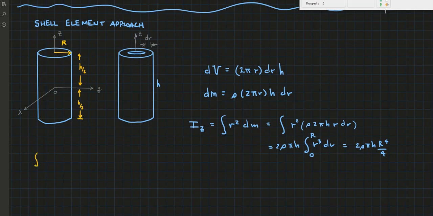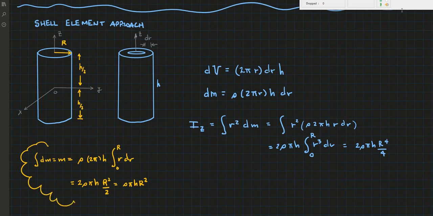The integral of dm equals our mass, and that is just going to be, if we have a constant rho, rho 2 pi h times the integral of r dr, which ends up being just rho pi h times the radius squared.